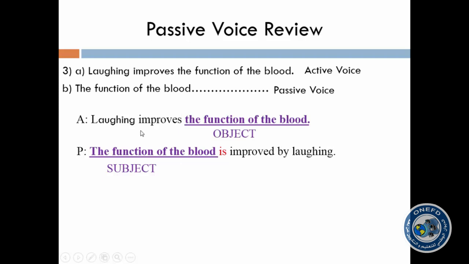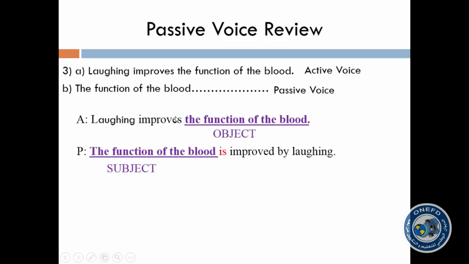Next, we move on to the verb. In the passive voice, the verb is to be plus the past participle. We conjugate to be according to the tense of the verb in the active voice, so you have to pay careful attention to that tense. Then you give the original verb its past participle.